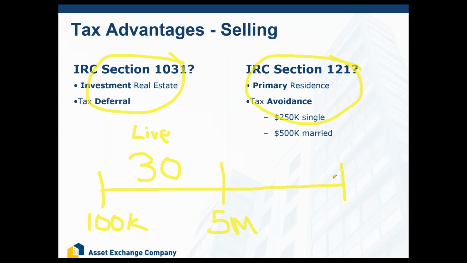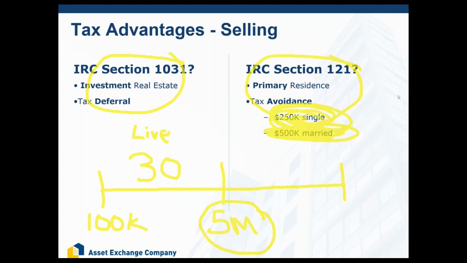The problem is you've lived in the property so long and the property has appreciated so much that even with your homeowner's exemption for a married couple, you've got $4.4 million worth of gain to pay taxes on. So if you sell the property right now for $5 million, you're going to have $1.3 million in taxes to pay. You've got a really good property in a really good location, but you've got gain in excess of your homeowner's exemption. So what do you do?